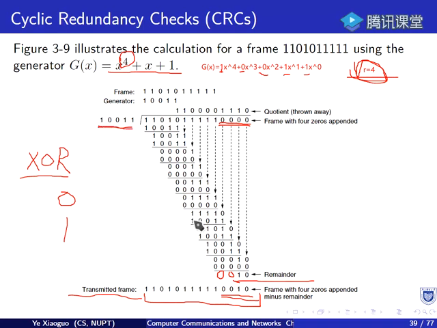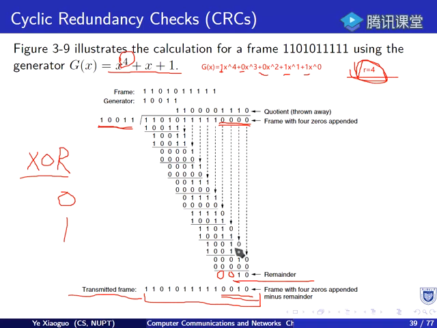So write 10011. 0, 1, they are different, get 1. 1, 1, same, we get 0. 1, 0, different, get 1. 1, 0, different, get 1. So 1101. Then we write 0 down to here.